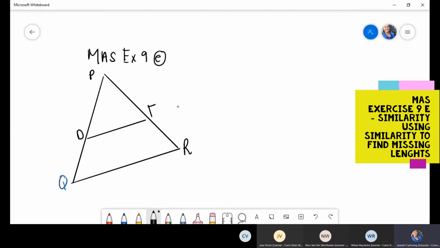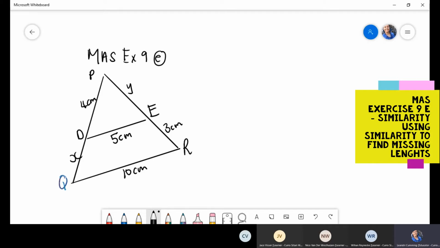I hope I'm on the right one. E. Then a Y of 5 centimeters, 4 centimeters, X, 10 centimeters, and 3 centimeters.